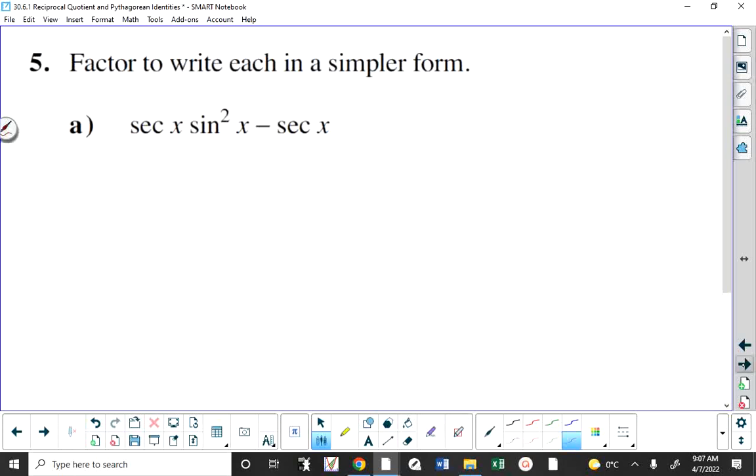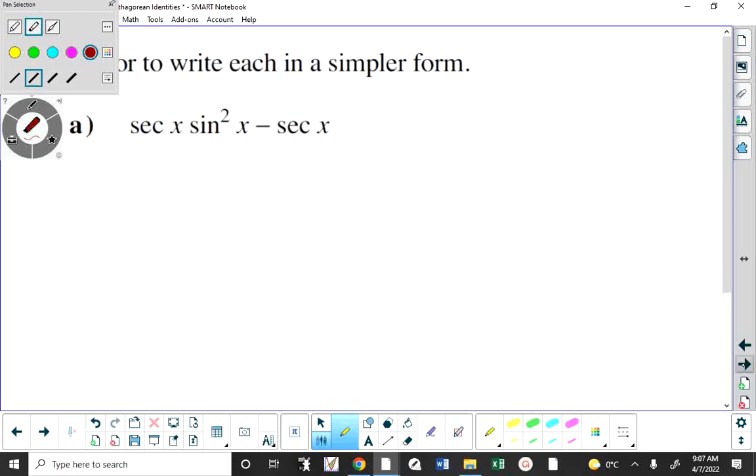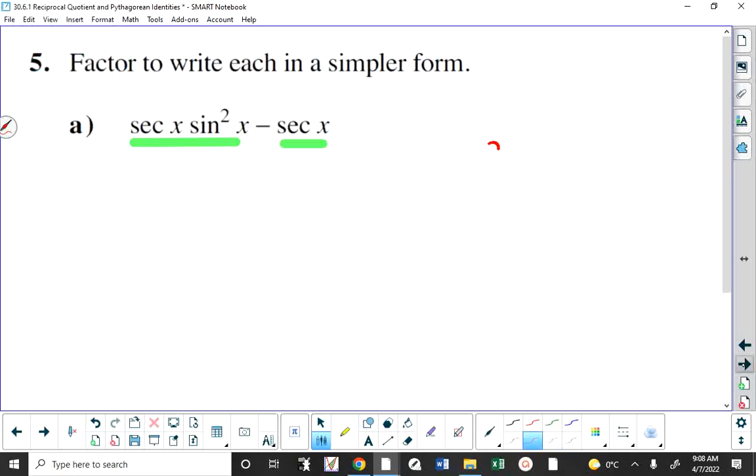There are two terms here. There is this term minus this term. And although it's secant and sine, algebraically, this is no different, everybody, than that. I want everybody to just contemplate what I wrote there and see how it connects to 5a. 5a is secant times sine squared minus secant.